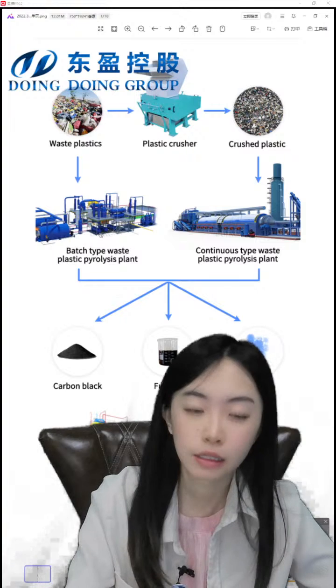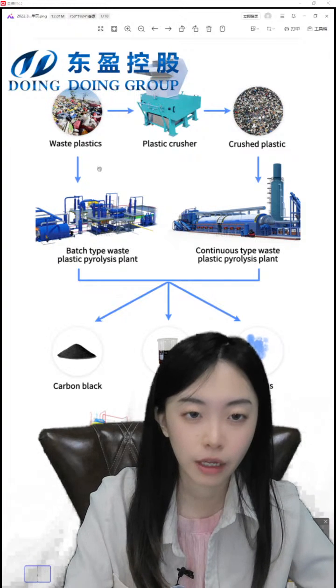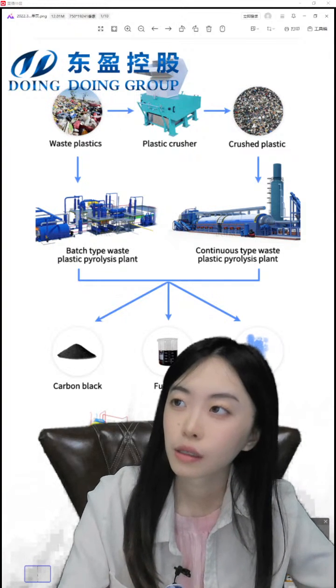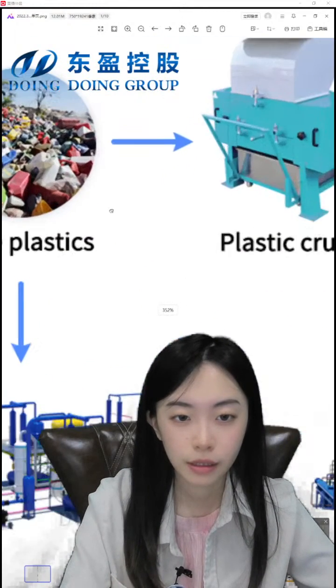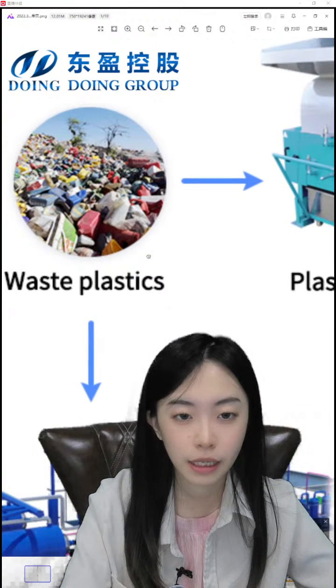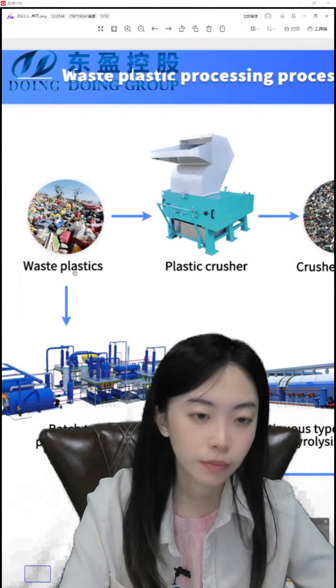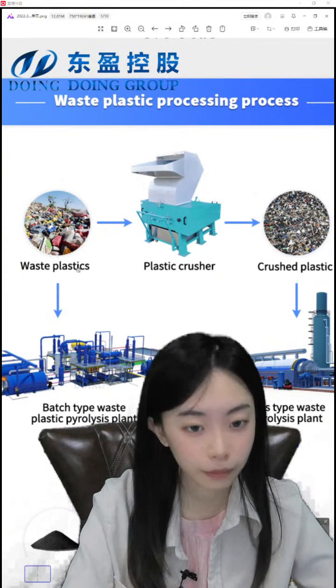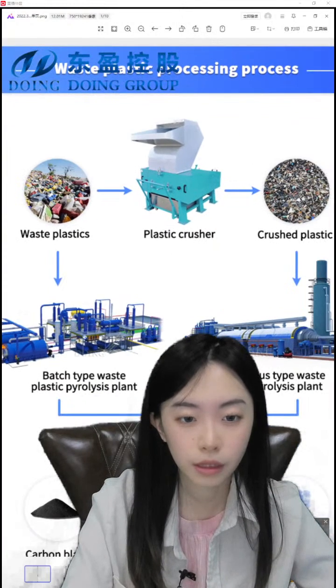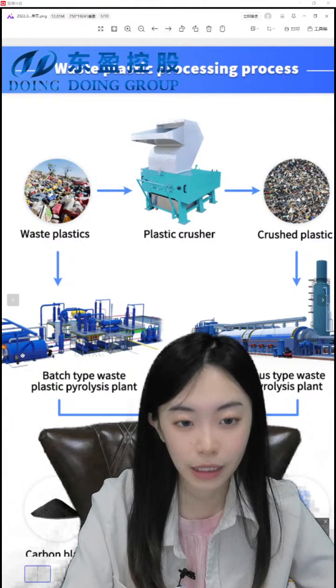If you get the batch type pyrolysis plant, then we can take the mixed waste plastic like this, different kinds of plastic, and put it all by using the automatic feeder or the conveying belt into the batch type reactor.